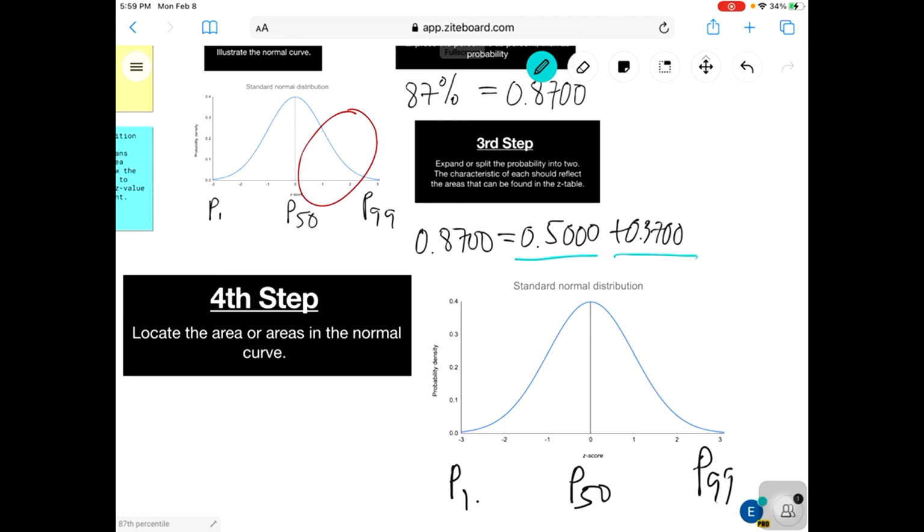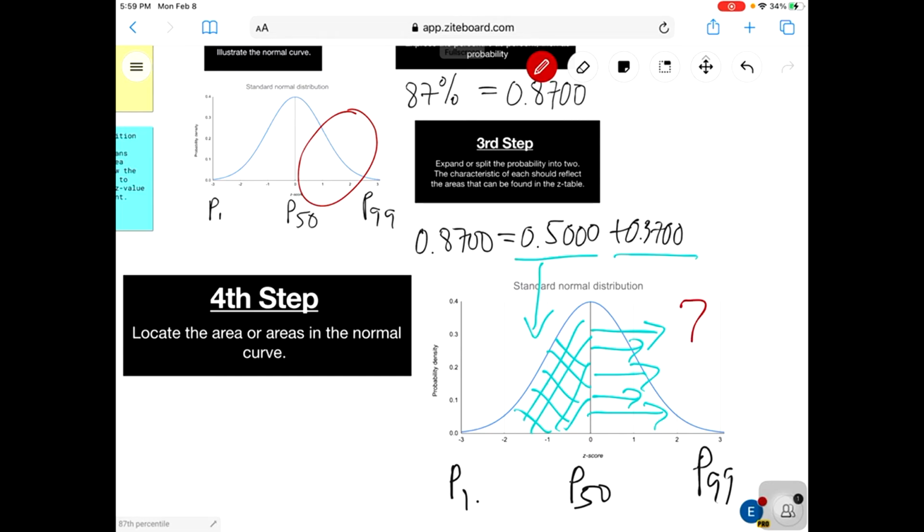So the first area corresponds to the area that you see entirely on the left side of the mean. So that's basically our 0.5000. While our 0.3700 is going to be from the mean to its right.